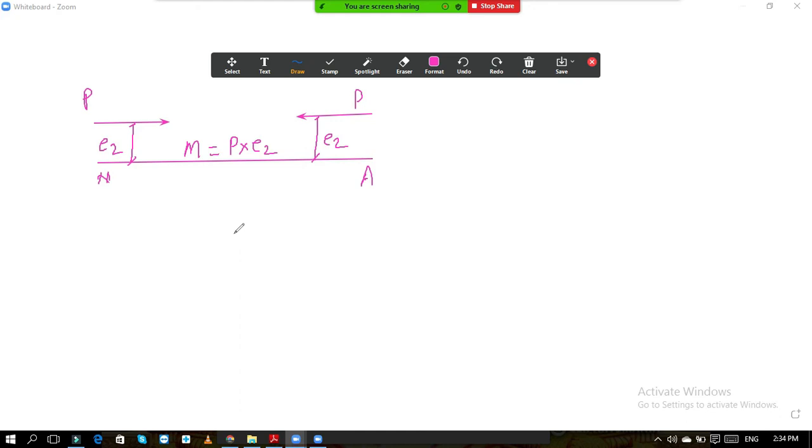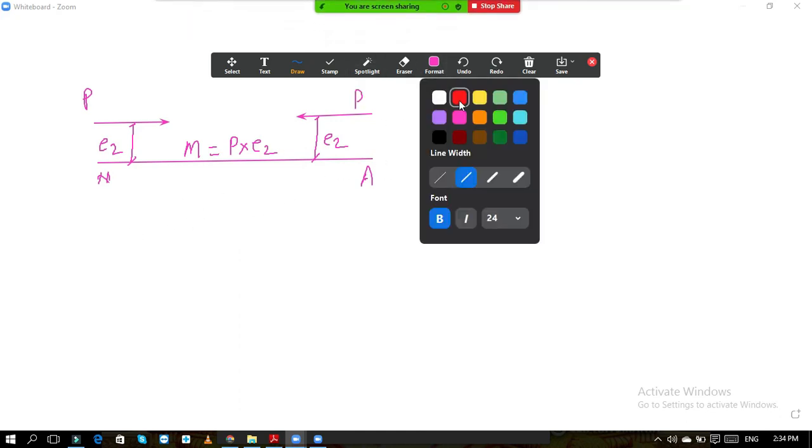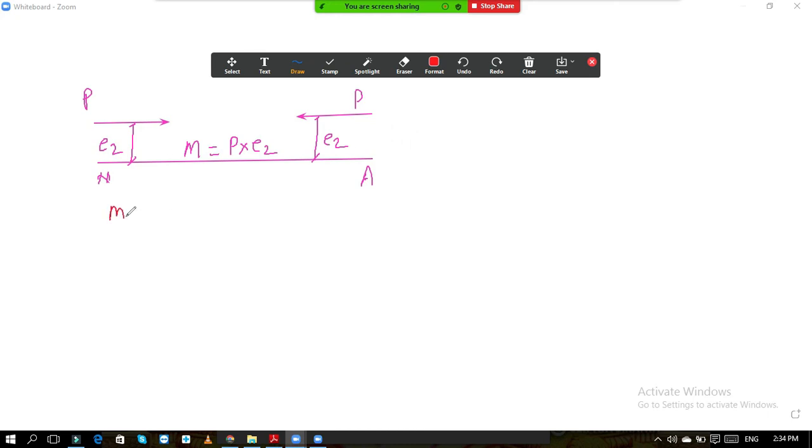So here I can say moment due to eccentricity, additional moment. So you can say that this is additional moment. If this is 0, this moment will not be there. So moment due to eccentricity is equal to P, which is 1000, into E2, which is 50.